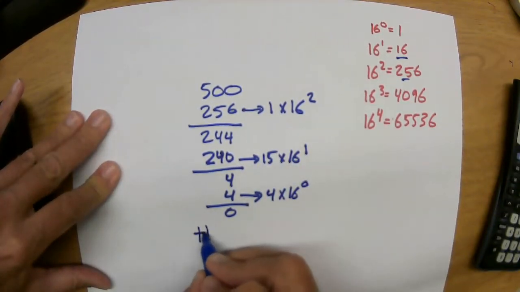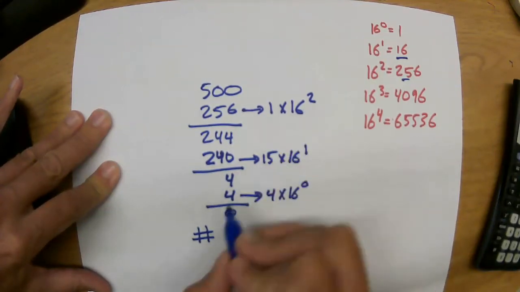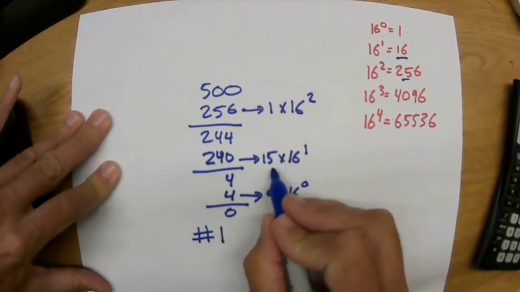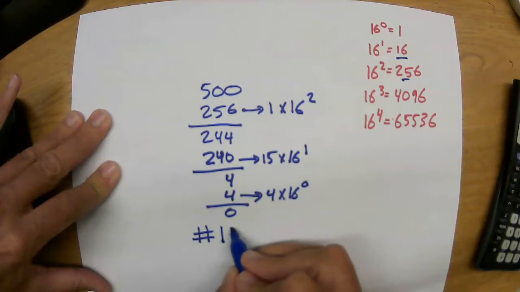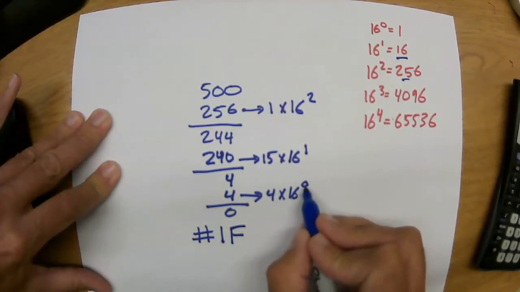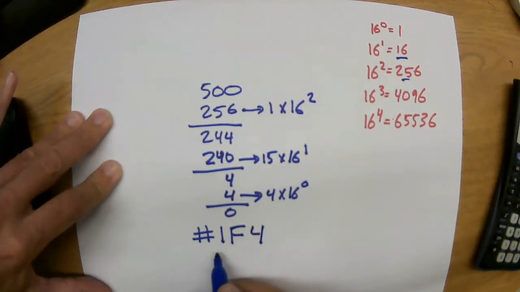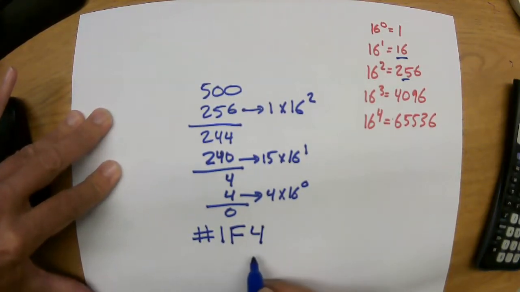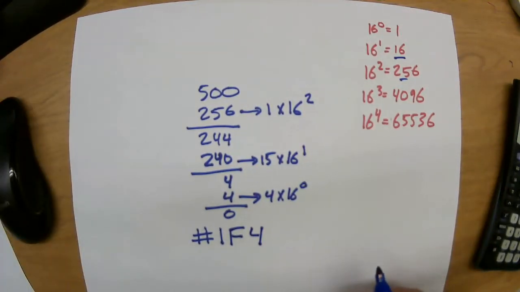So write the hashtag to indicate I'm making a hex number, and I've got 1 in the 16 squared place, and I've got 15 in the 16 to the first place, but 15, remember, we actually have a symbol for that. That's the symbol F. And then in the 0th place, we have the symbol 4. So 1F4 would be the hexadecimal equivalent of the decimal number 500.